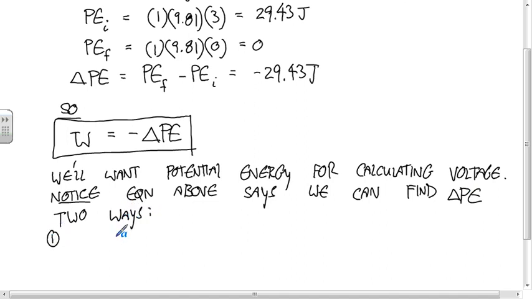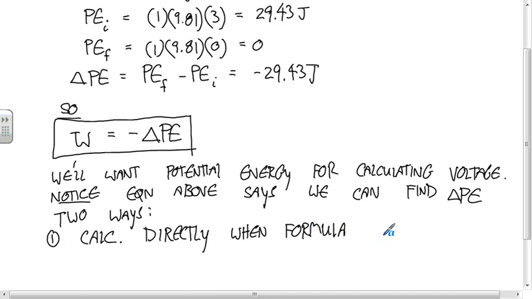The first one is to calculate it directly, when we have a formula for potential energy. But that's not always going to be the case, so we won't always be able to do it that way.